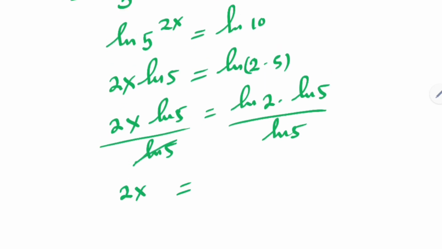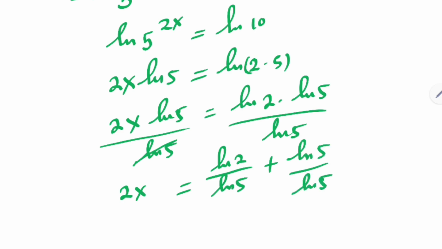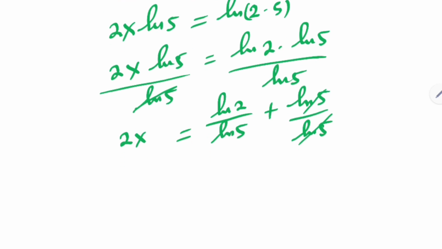2x is equal to ln of 2 over ln of 5 plus ln of 5 over ln of 5. This cancels this. 2x is equal to 1 plus ln of 2 over ln of 5.